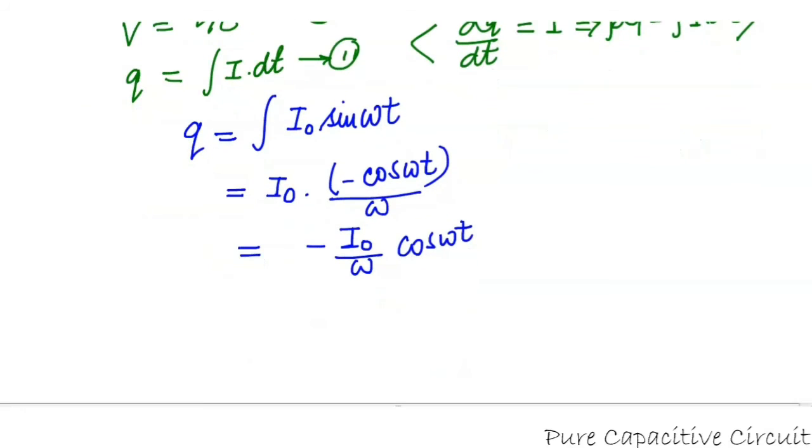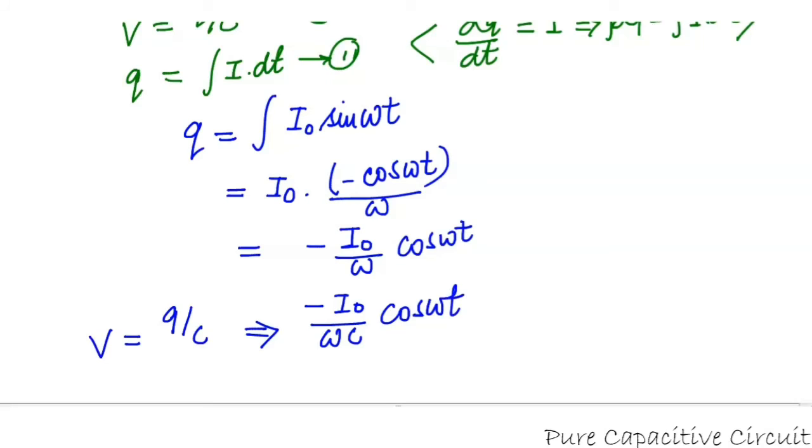So from equation 1 we can say V = Q/C, which equals −(I_0/ωC) cos(ωt).